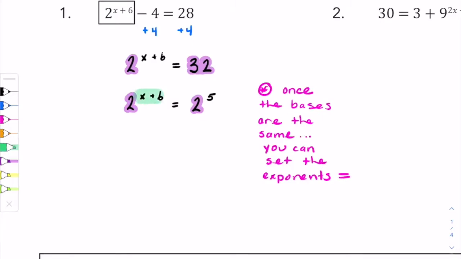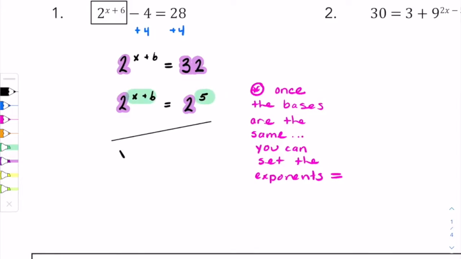So I can set x plus 6 equal to 5 in order to solve for this. Subtract 6 from both sides, x is equal to -1.